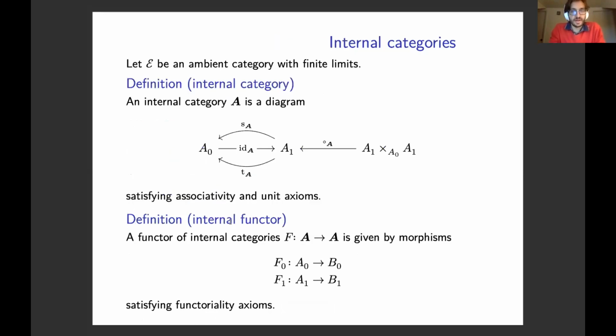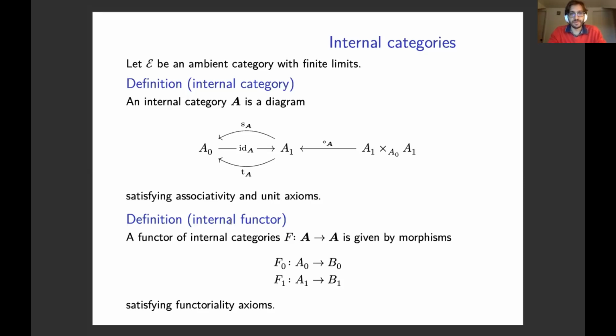As a reminder, an internal category requires an ambient category with at least finite limits. And then we define an internal category by a diagram having an object of objects and an object of arrows, and then a structure analogous to the usual structure of categories.